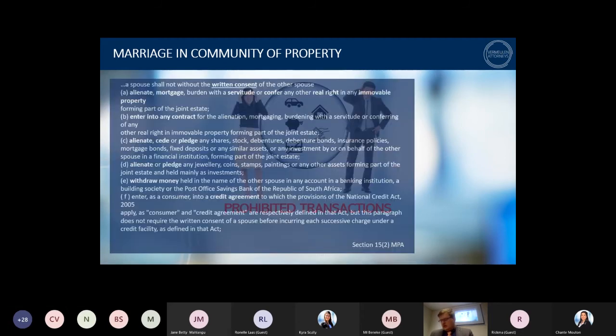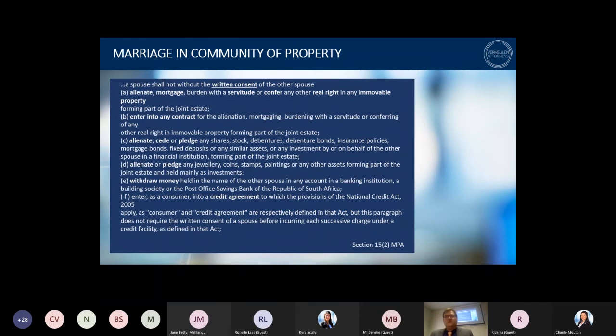Protection comes in terms of section 15.2, section 15.9, and section 16.2 of the Matrimonial Property Act. Don't worry, once again, you will get the slides, you will get a copy of the legislation. Now, under section 15 of the MPA, there are three important sections. Section 15.1 says that each party has the power to transact on behalf of the joint estate.